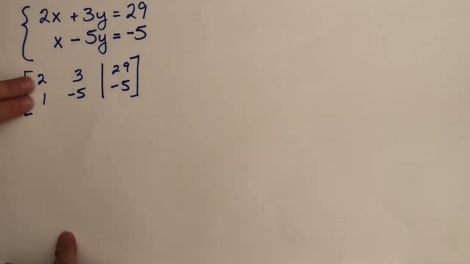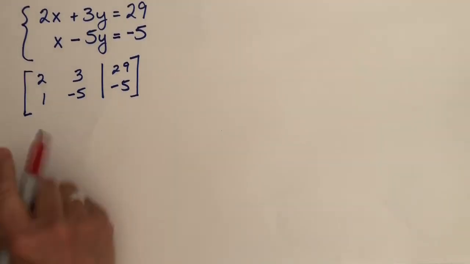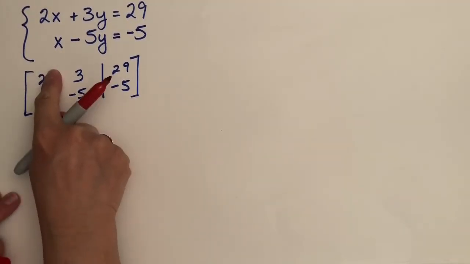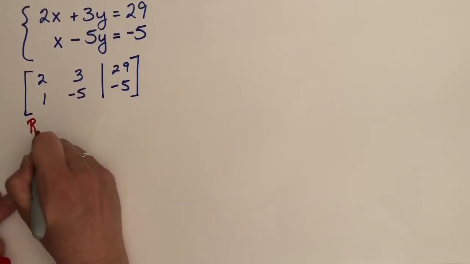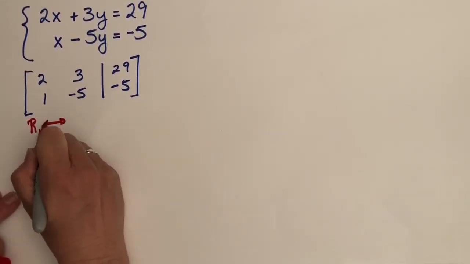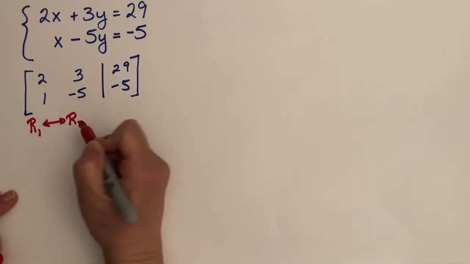Remember, one of our possibilities for working with these matrices and our elementary row operations is to switch 2 of the rows, interchange 2 of the rows. So if we do that, this 1 will become the entry on the upper left. So we're going to switch rows 1 and 2. So let's do that.